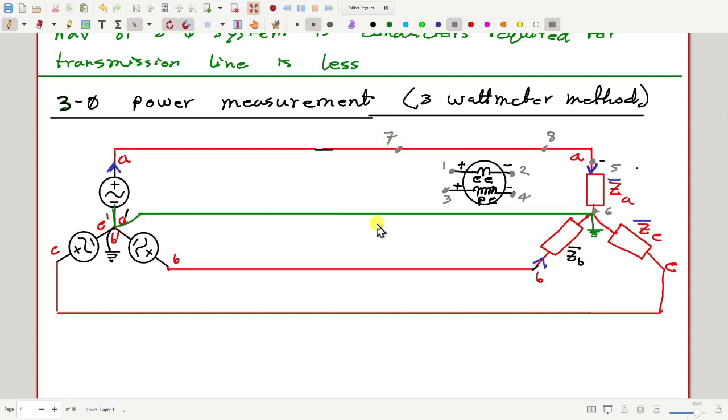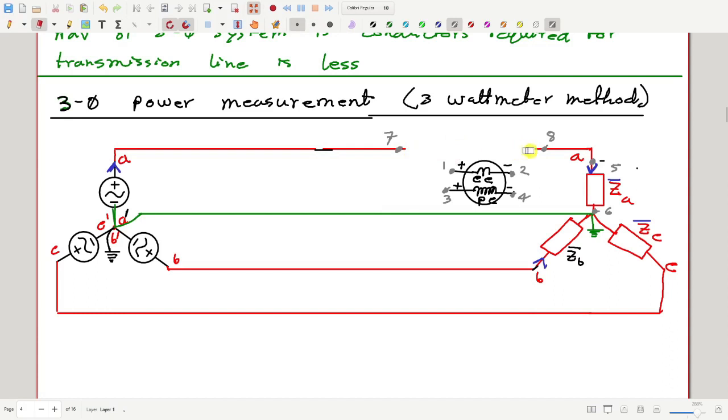Tell me how to connect this wattmeter to measure power consumed by ZA. So current coil will be in 7 and 8 in series, and 3 and 4 will be 5 and 6 with parallel. Yes, absolutely right.